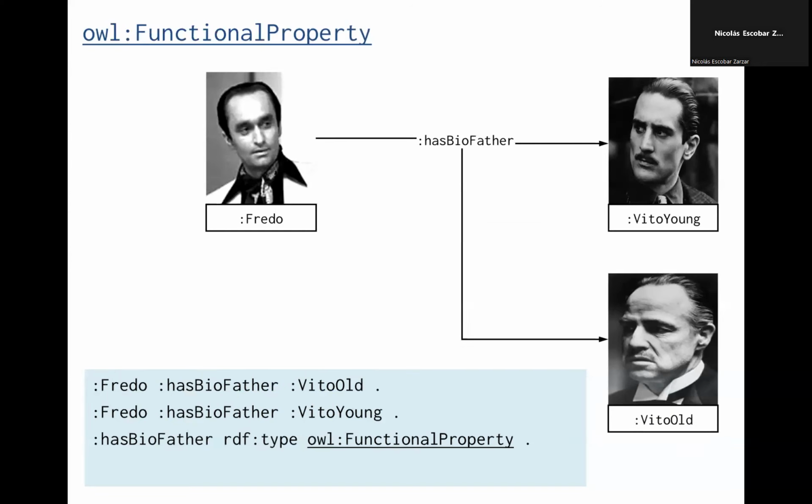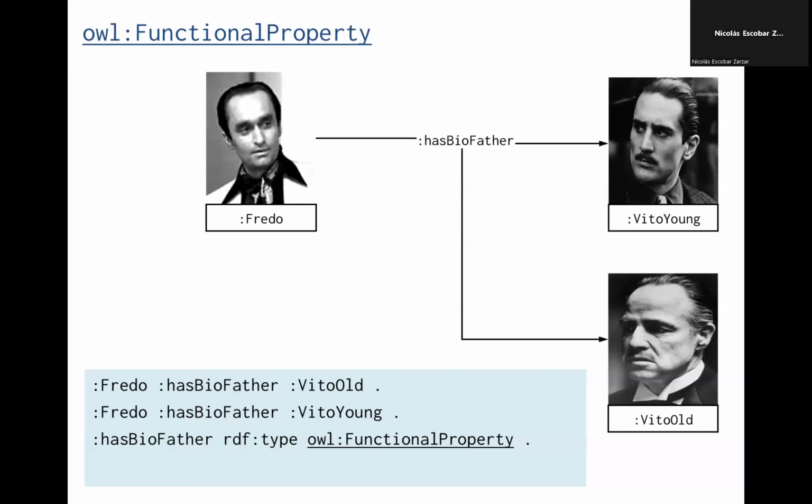What does that state? It basically tells us that has biological father is a function. What does a function do? It gives you one value, one result. So it means that essentially an entity can only have one value for a functional property. What could we conclude in this case based on these definitions?